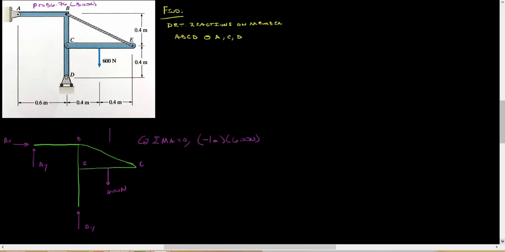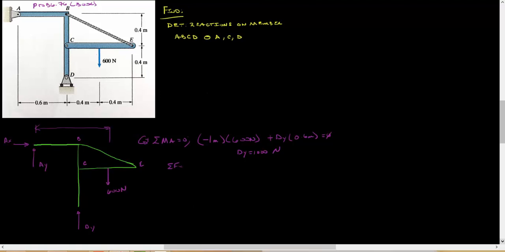That's going to be 1 meter from there to there. Plus my DY times 0.6 meters is equal to 0, and I have it going up, so it's rotating positively. So I get DY is 1,000 newtons.